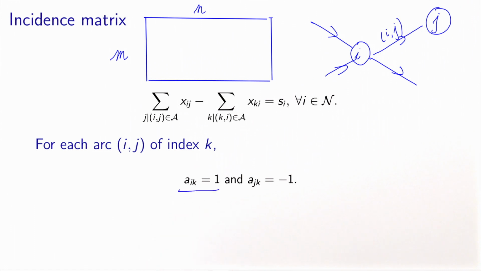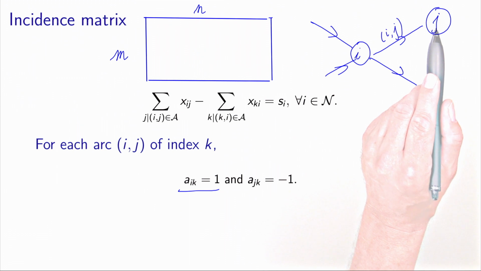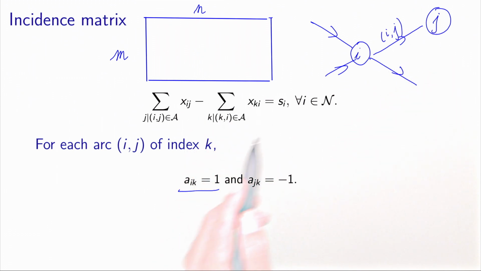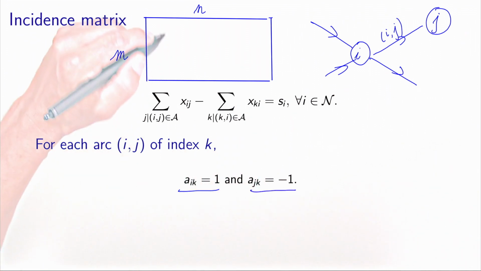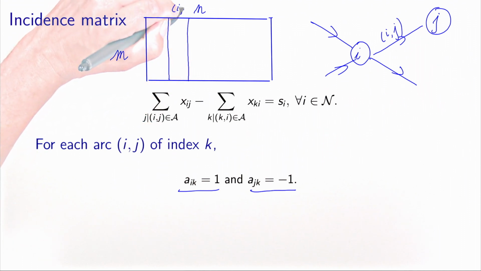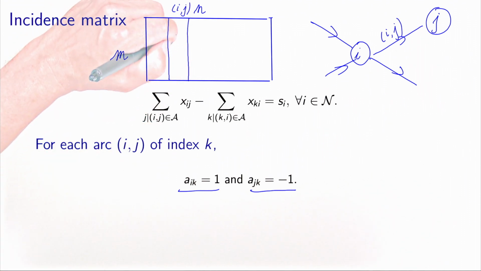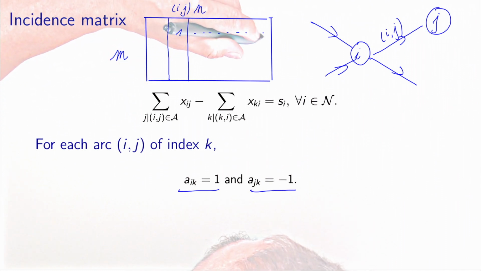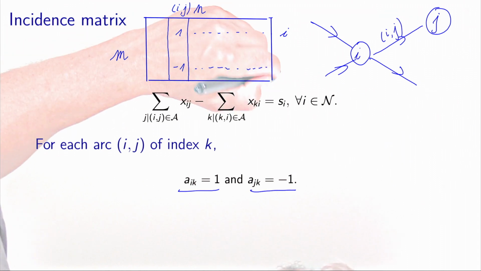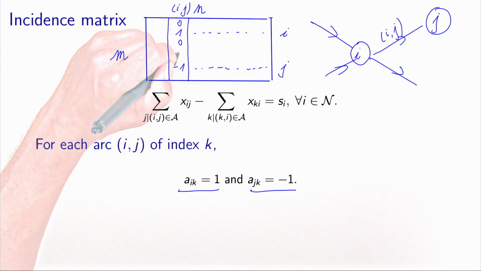And the second constraint where it will appear is in the constraint for node J. And because it's an entering arc for node J, it will appear in the second part of the constraint with a coefficient -1. So it means that in each column of this matrix, the column corresponding to I and J, there will be a 1 at row I and a -1 at row J, and everything else will be 0.